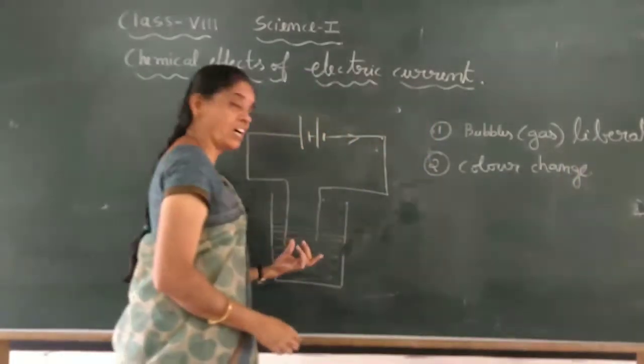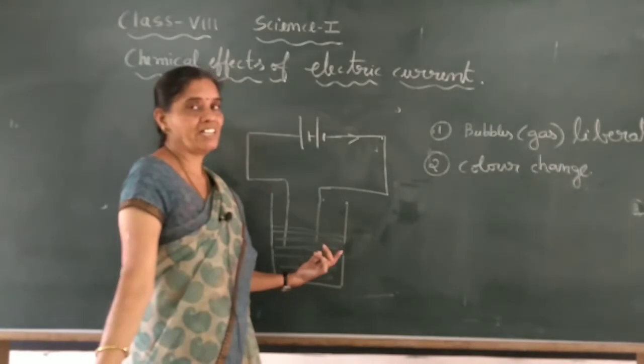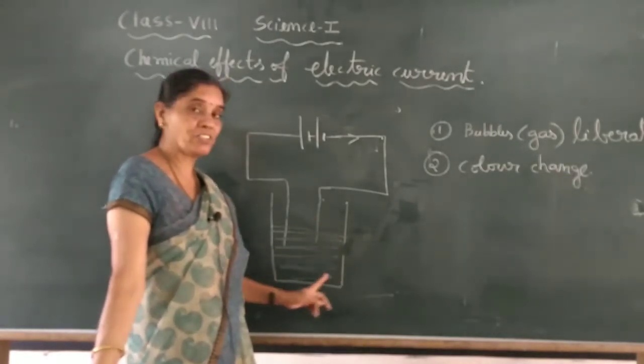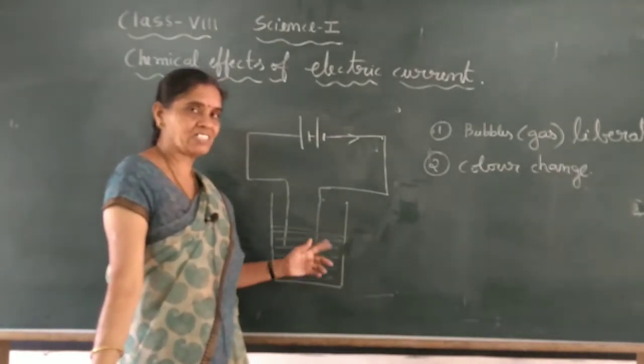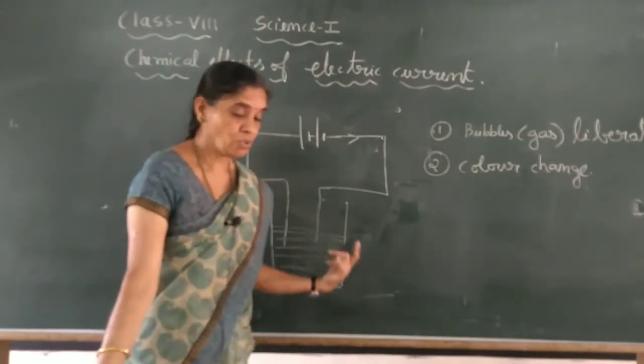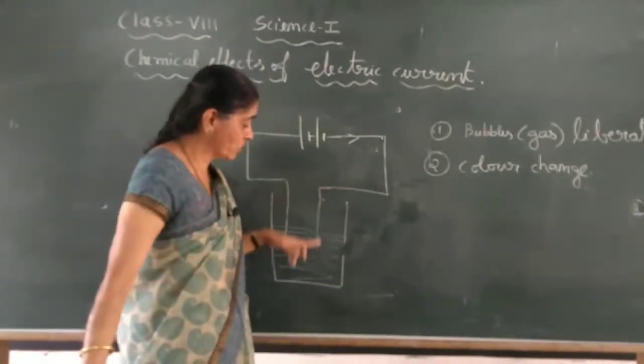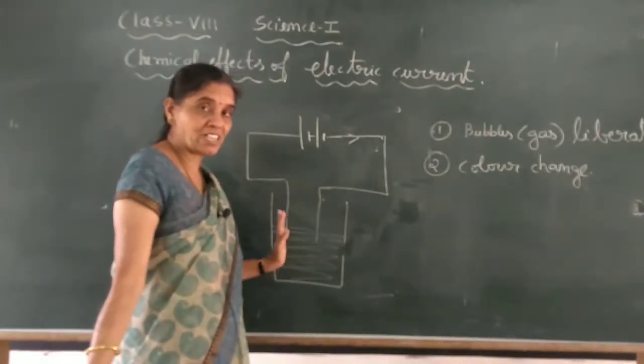Whatever solution you have taken, some salts like copper sulfate or iron sulfate, has a particular color, blue or green or some other color depending upon the salt you have taken. So when you pass the current through this solution, sometimes you can observe the color change also.